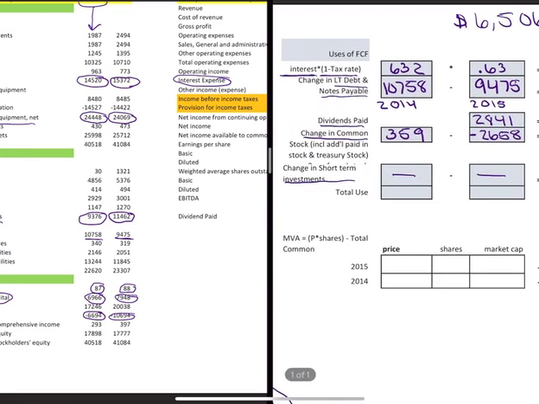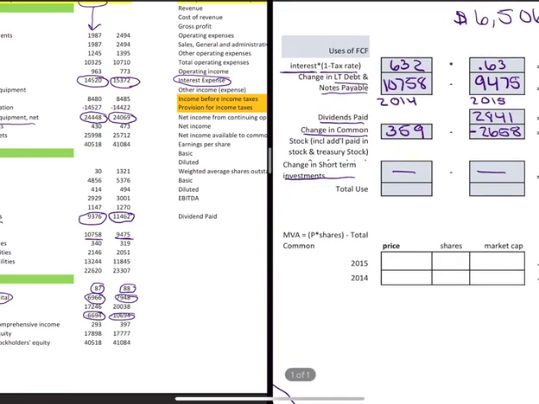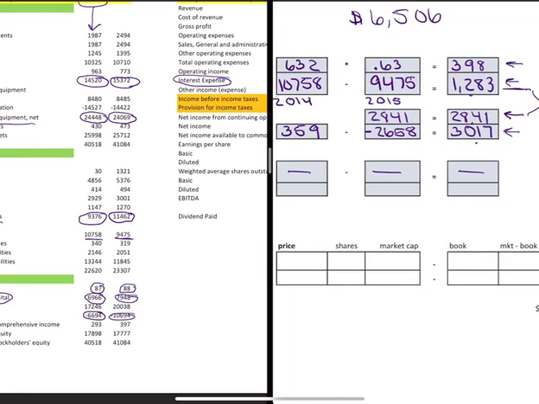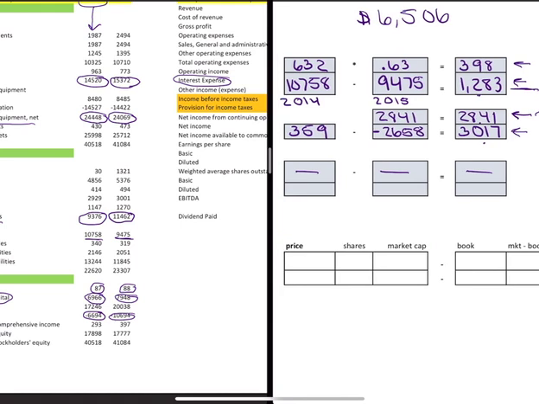Next we have change in common stock. Okay, so they paid out some common stock of 3,017. So we're going to add that to the 4124 that they paid out.